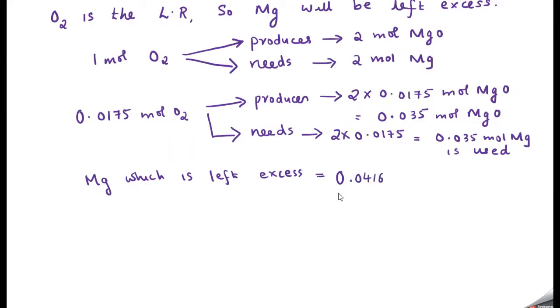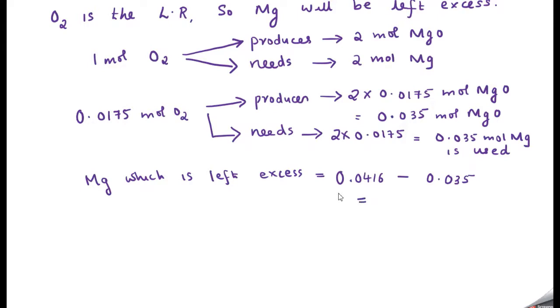0.0416 minus, if you want to find the excess, we need to subtract the amount that is used in the reaction. How much is used? 0.035 is used in the reaction. So tell me what is left behind.